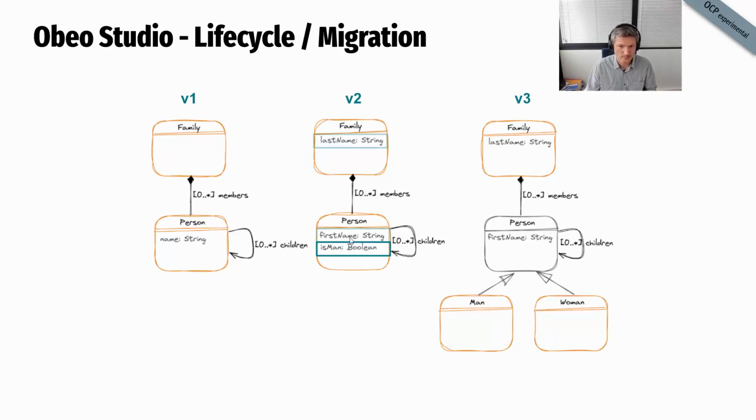But the other example is trickier because the name of a person is now split in two parts. So the toolsmith will just have to use the interpreted rules mechanism of Obeo Studio to define how this name has to be split into two different attributes.